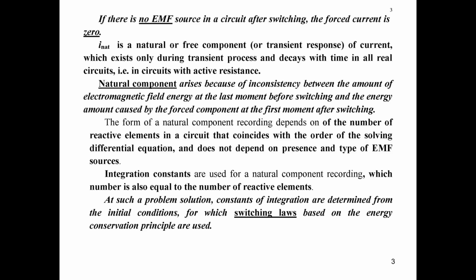And the natural component arises due to inconsistency between energy stored in reactive elements such as inductance or capacitance at the moment in the mode before commutation and in the mode just after commutation.